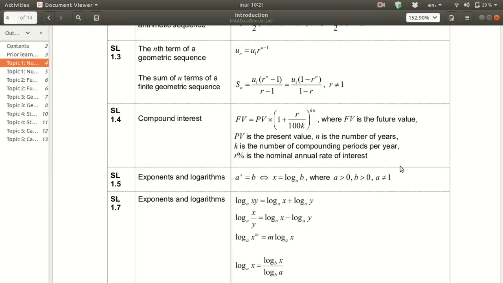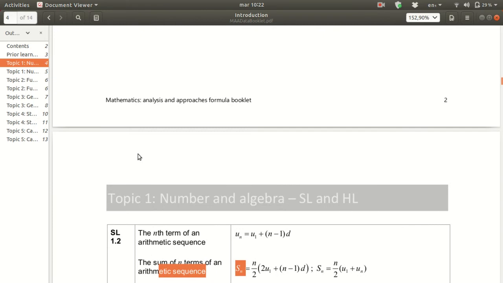So you have to keep in mind that this 100 is because they're taking the percentage and making it into a decimal. So if it's 84%, 84 divided by 100 is 0.84. So I really don't like that way of presenting it. I'd rather just that you know that R has to be given as a decimal, but this is the way to present it. Okay. So this is the formula that we're really going to be using.